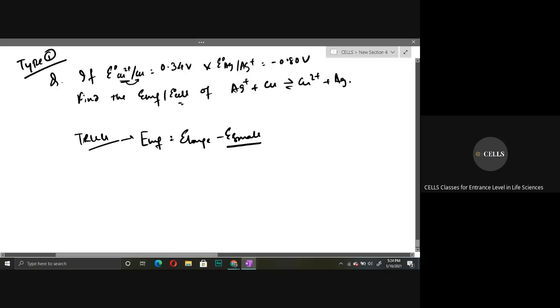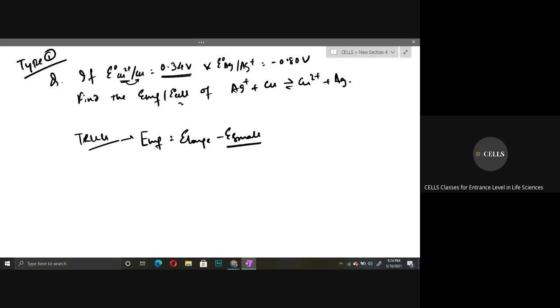Let me know in the chat box, is it oxidation or reduction? Cu2+ to Cu. This potential is an oxidation potential or a reduction potential? Cu2+ is becoming Cu. Reduction potential. So we don't need to change it.